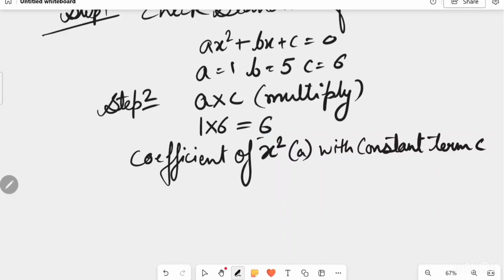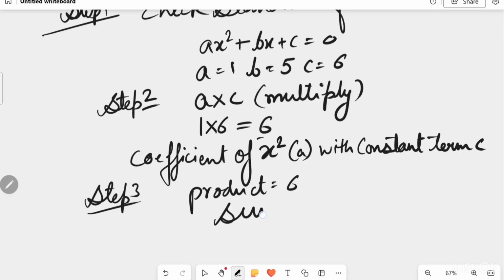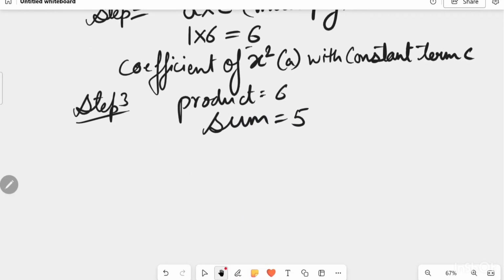Okay. So now we will find two numbers. Step 3, we will find two numbers whose product should be 6 and sum is 5. So what we will do?